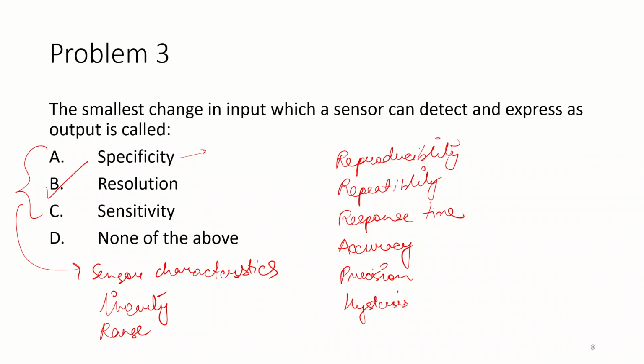It shouldn't give a response if I have a common cold or influenza or any other lung or respiratory infection. That's specificity: my sensor is specific to the disease or condition that I am basically sensing. And resolution is the smallest change. What is sensitivity?